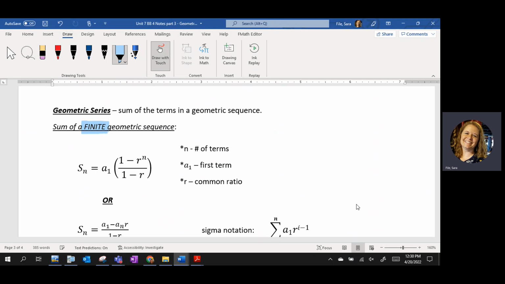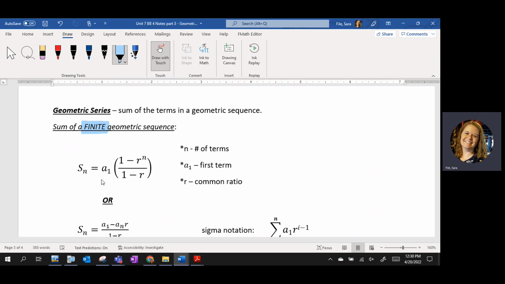What does finite mean? Yeah, it does not go on forever. It ends. There's a set number of terms. So if that's the case, you can find the sum of all the terms if you know the first term, the common ratio, and the number of terms.